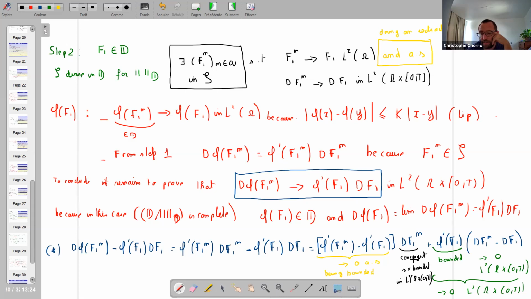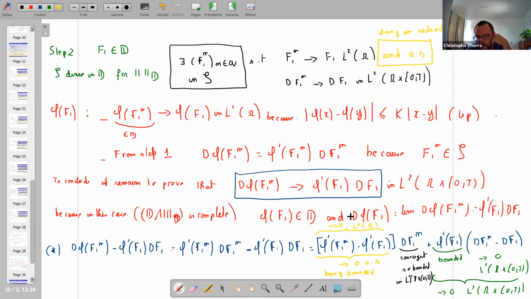Because this term is bounded in L2 of omega times 0 capital T, this one is convergent. So I have my term here by convergence towards 0 almost surely being bounded, okay? I have that this one converges towards 0 in L2 of omega.